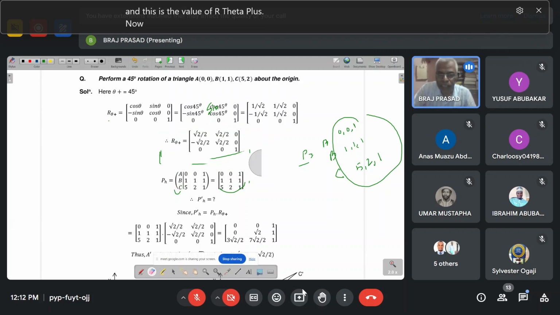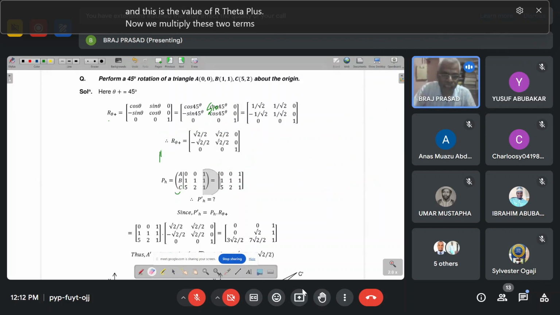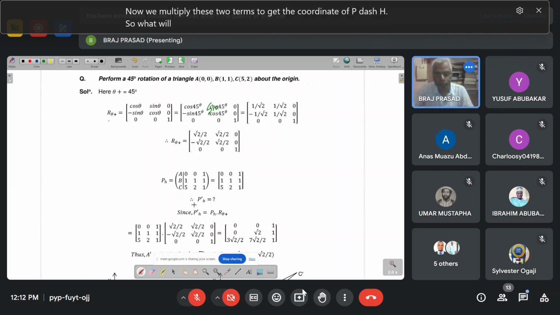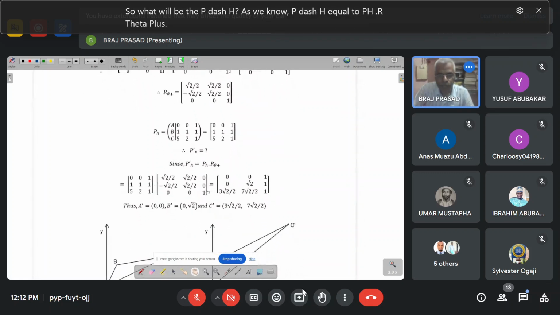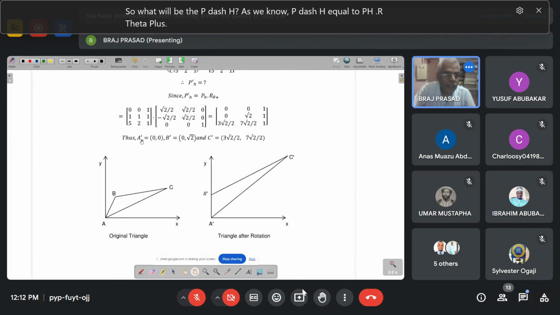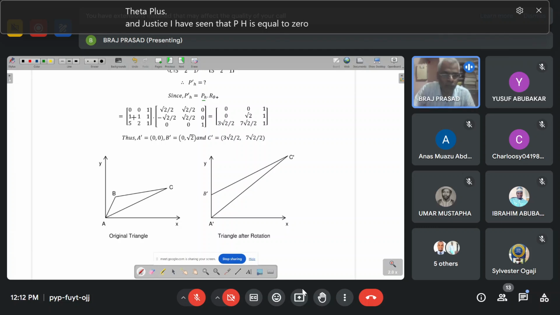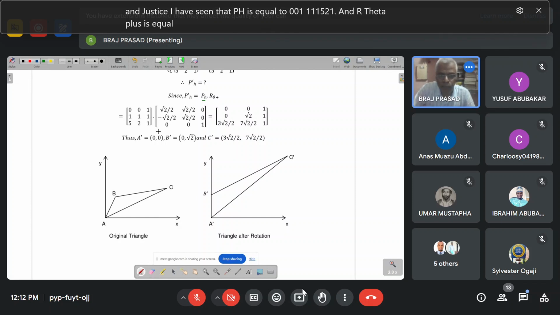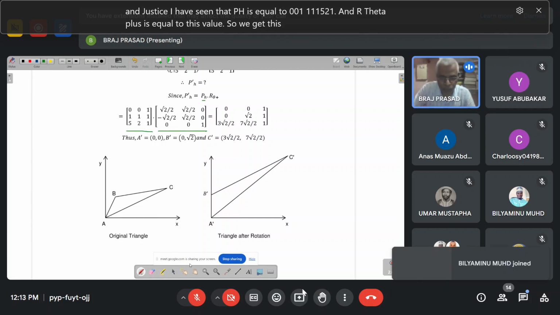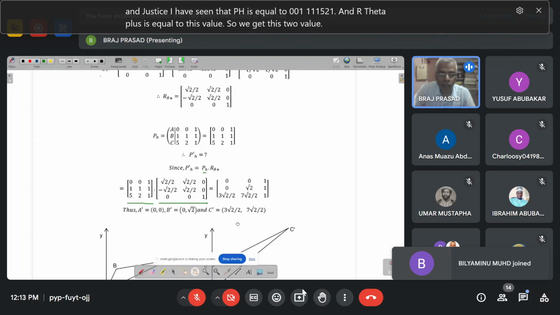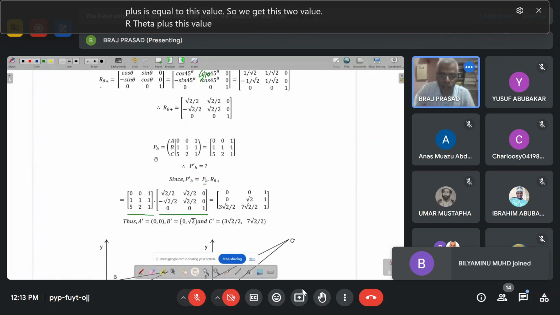Now we multiply these two terms to get the coordinate of P dash H. As we know, P dash H is equal to PH dot R theta plus. I have seen that PH is 0, 0, 1, 1, 1, 1, 5, 2, 1, and R theta plus is this value.